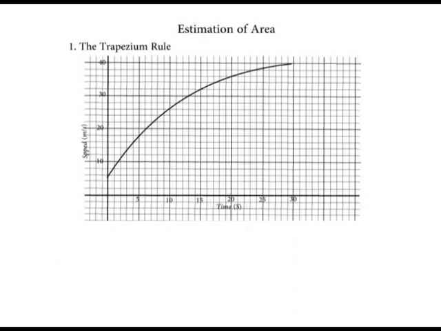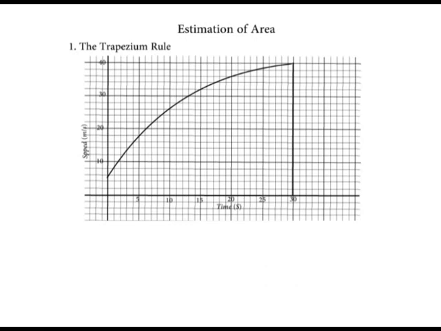Consider this speed time graph. Suppose we want to find the distance covered after 30 seconds. We need to calculate the area under the curve up to time 30 seconds. In other words, it's the area bound by the curve, the y-axis, the x-axis, and the line x is equal to 30. If we assume the entire region to be one trapezium and that the curved path is a straight line, then the error will be quite enormous.